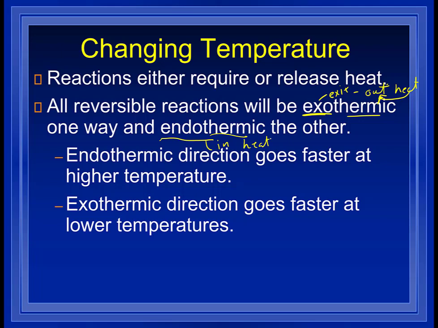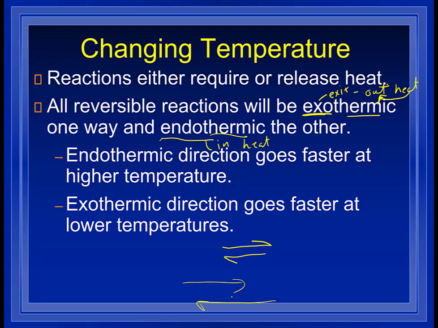So if you have a reversible reaction, one direction is going to be endothermic, the other direction is going to be exothermic. If it uses heat going this way, it'll release heat going that way. In fact, we can put the heat right in the equation. And if I try to put in heat, Le Chatelier says it's going to undo what I did.